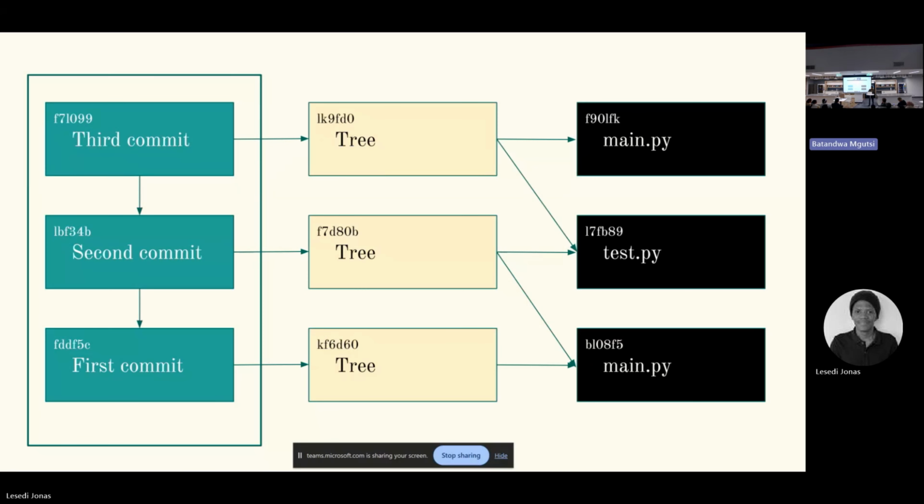And in our last commit, we have a commit object again, which points to a tree, which points to the new changes that we made on our main.py, and the old test.py, because we keep track of everything, right? So that's how Git works.